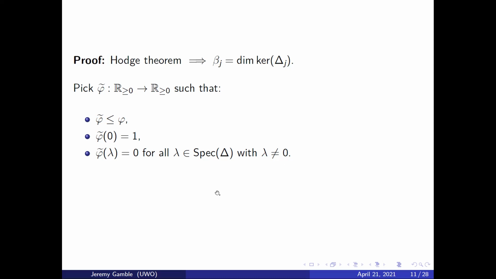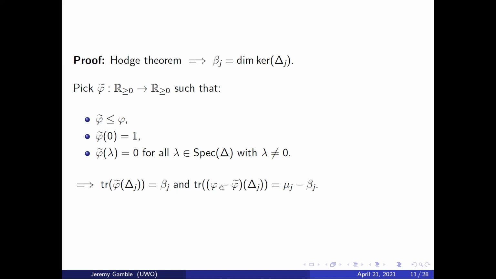By doing this, taking the trace of this, which is also a trace class operator, is going to compute the jth Betti number, because we sum this over all the eigenvalues, and for all of them except 0, it's going to be 0. And for 0, it's going to be 1 every time 0 appears in the spectrum. So we get the jth Betti number.